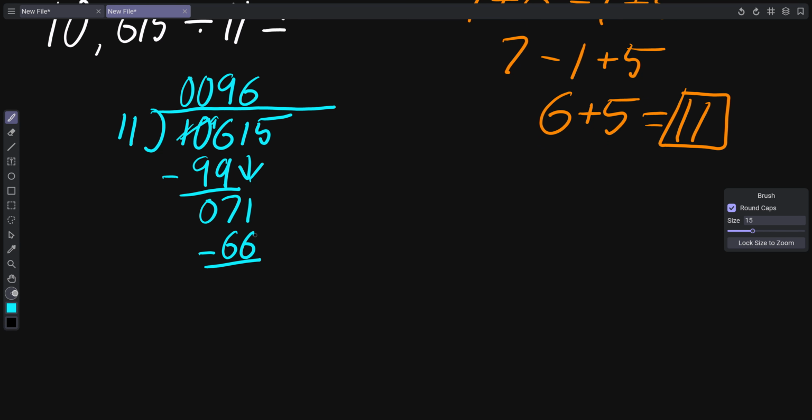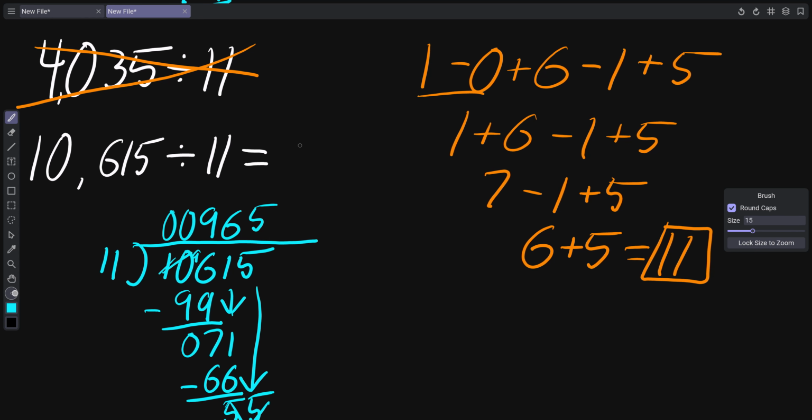This is going to give us 5. And then we drop down the 5. And then 11 can go into 55 5 times. And 5 times 11 equals 55. These cancel. And then 965 is our final answer.